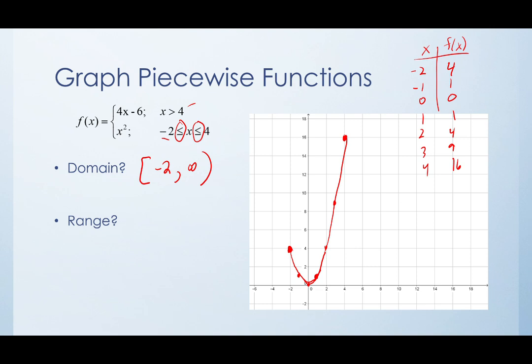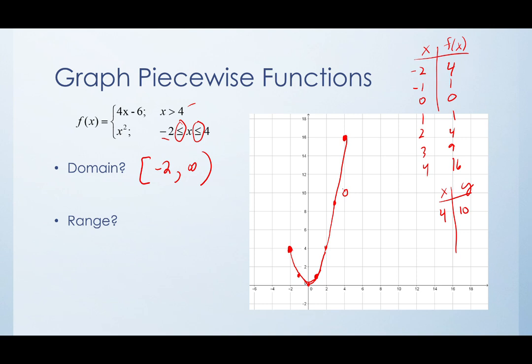Now the next part, of course, I'm going to just continue on with a second XY table. And we could say, okay, when x is 4, 4 times 4 is 16, minus 6 is going to be 10. So this one is going to be an open circle, though, because it's not actually included.